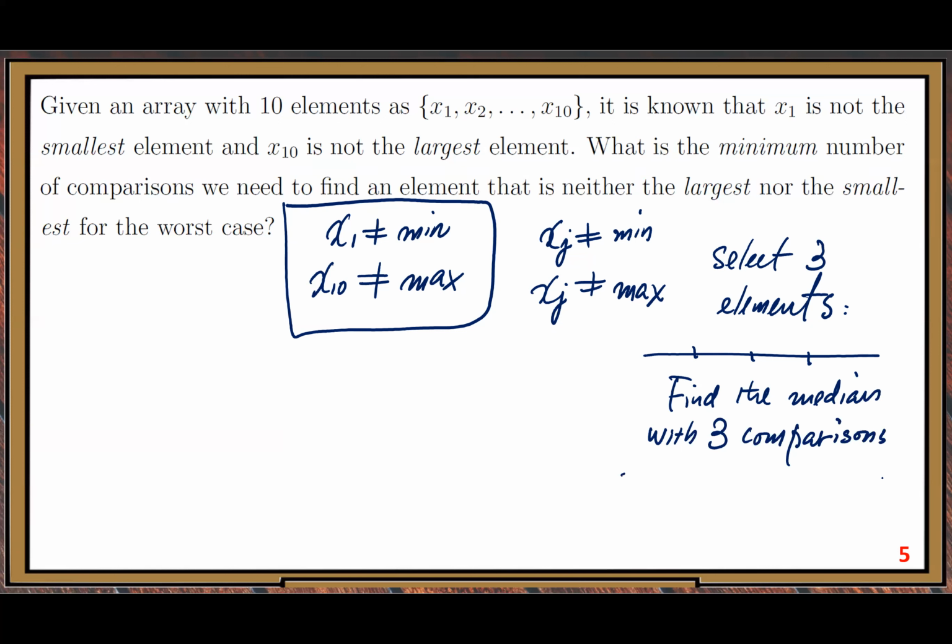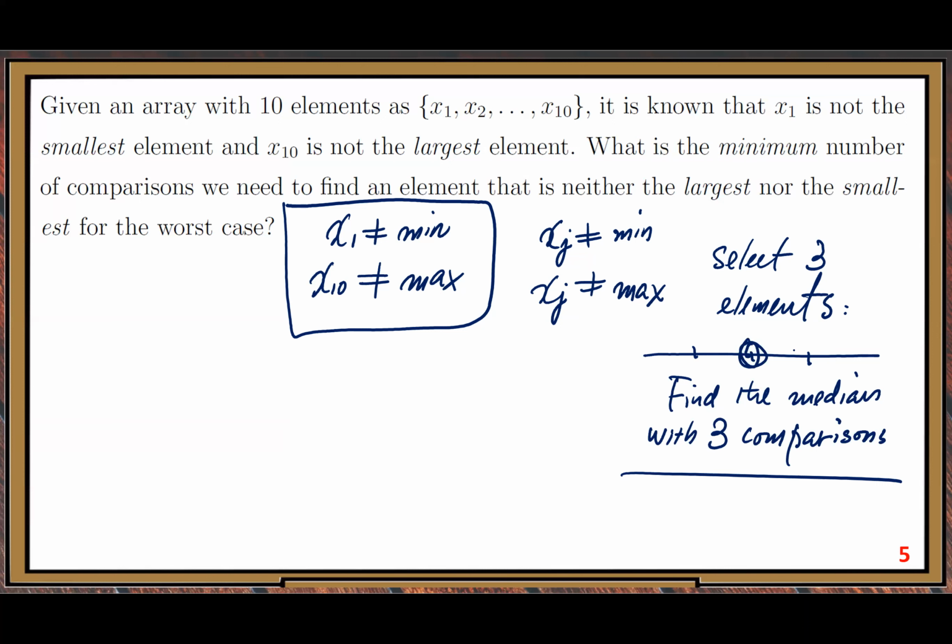We know when we find the median of 3 elements, we need 3 comparisons. That median will satisfy that condition, because the median cannot be the minimum, and the median cannot be the maximum.